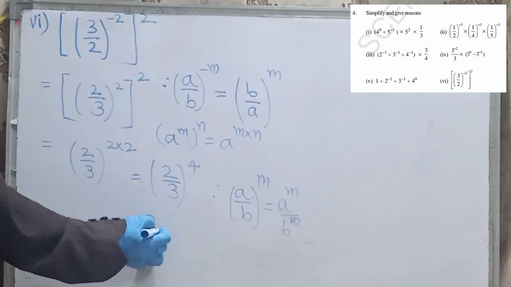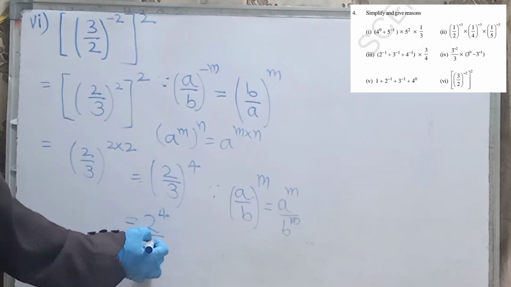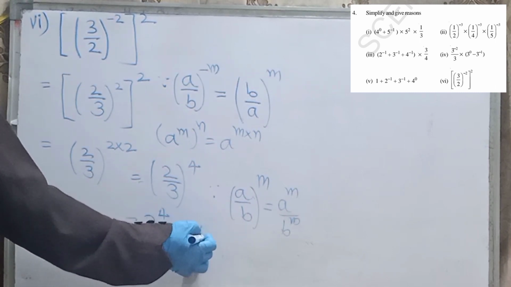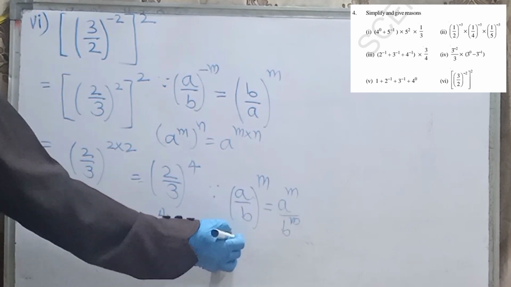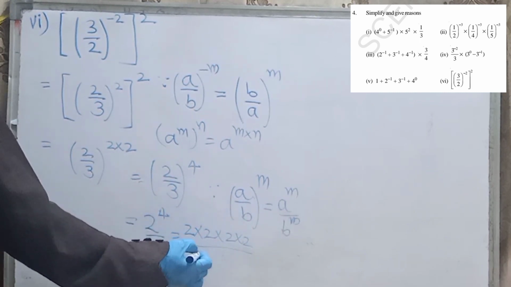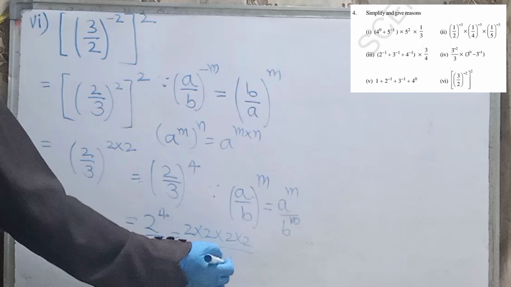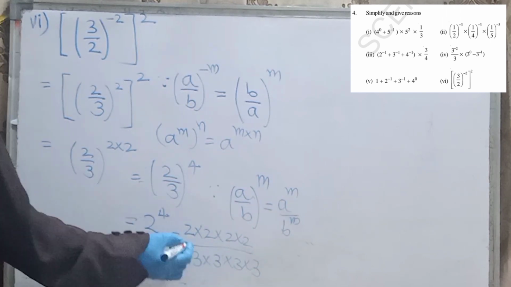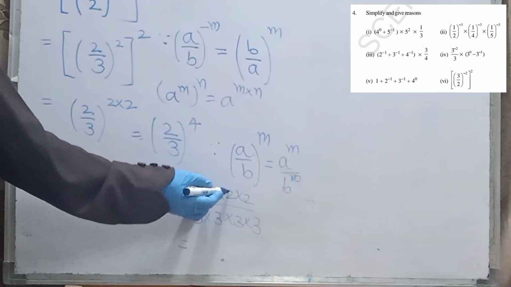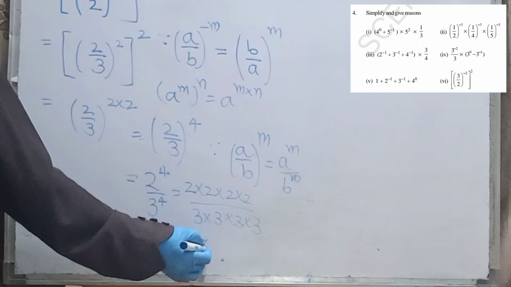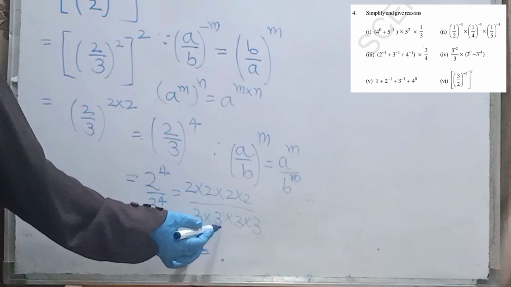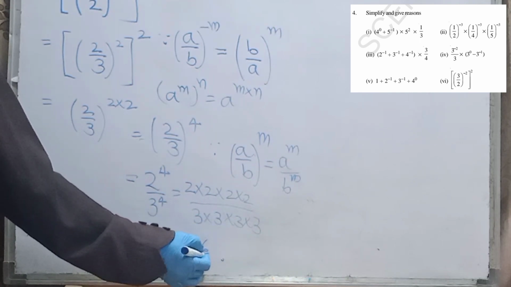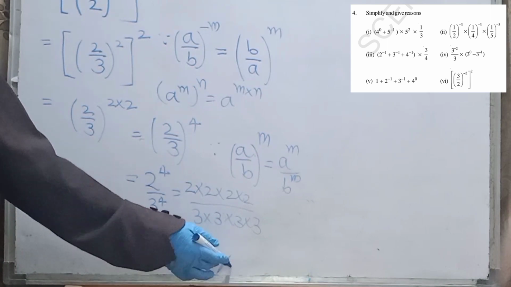It can be written as 2 power 4 by 3 power 4. That is, we have to multiply 2 four times and 3 four times. It is equal to 2 2s are 4, 4 2s are 8, 8 2s are 16 by 3 threes are 9, 9 threes are 27, 27 threes are 81. Okay, this will be the final answer.